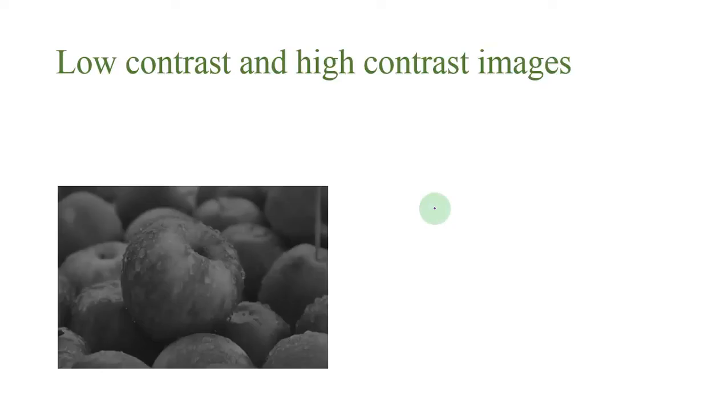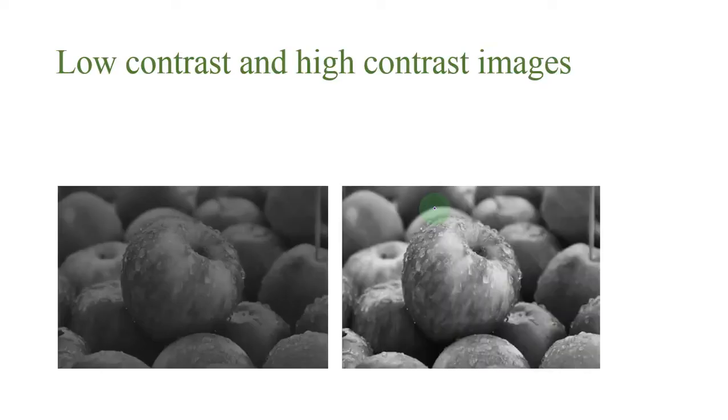So this is the low contrast image, this is a high contrast image. You can see there is a difference in luminance and objects are clearly distinguished in this image.